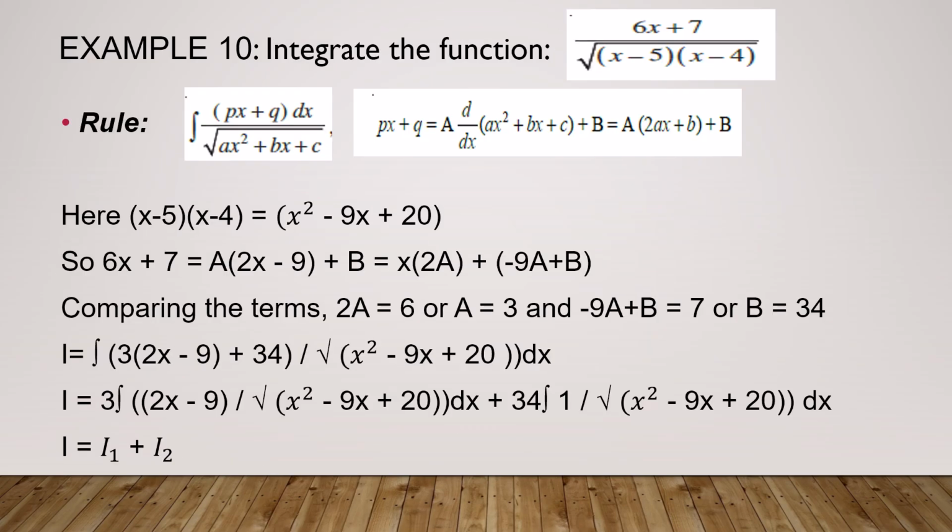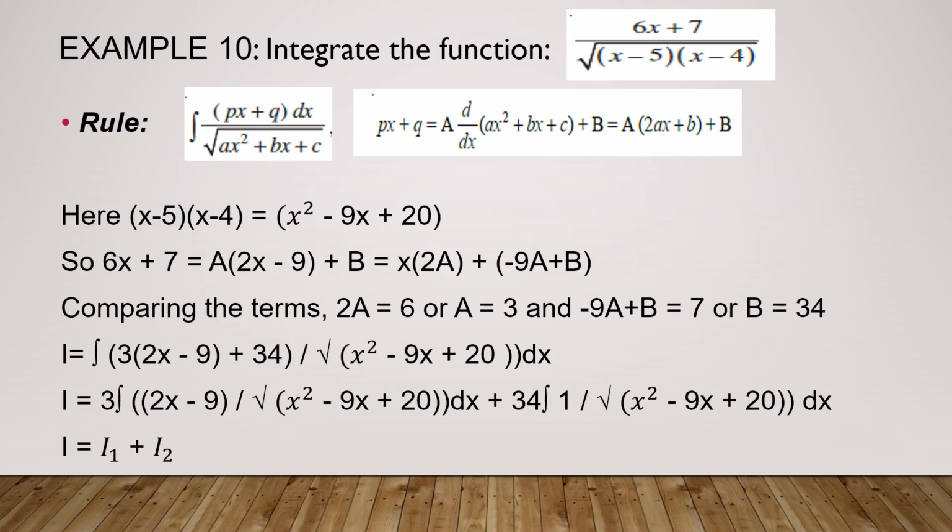Another example: integrate the function (6x plus 7) upon root of (x minus 5)(x minus 4). So again this is of the type px plus q upon root of ax square plus bx plus c. But instead of ax square plus bx plus c directly, you are given (x minus 5) into (x minus 4). Just open the bracket, it is x square minus 9x plus 20.